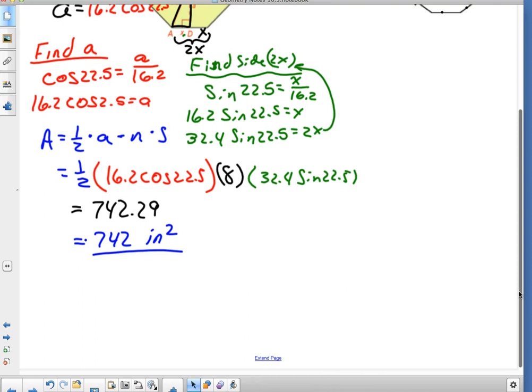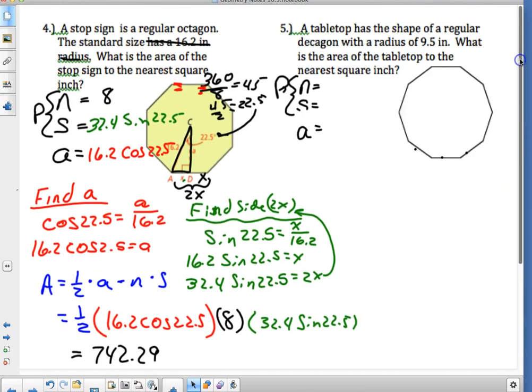So now, we're doing it again. Same thing, same method, same process, okay? A tabletop has a shape of a regular decagon. Decagon is a 10-sided figure, with a radius of 9.5.